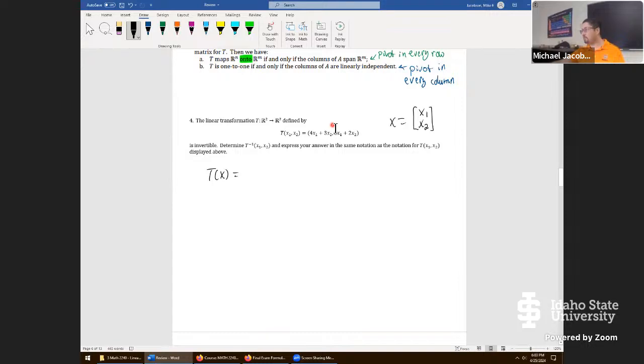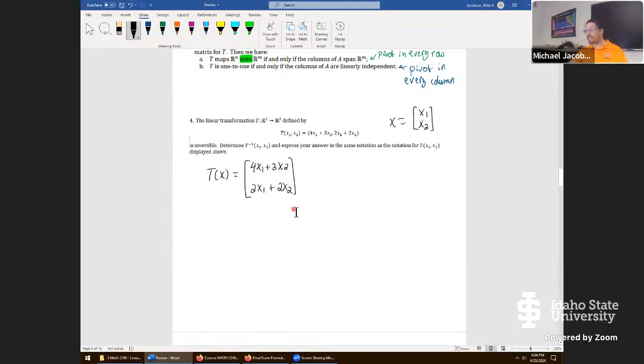And instead of writing out this column, go to where the comma is and write it out this way: 4x1 plus 3x2, then 2x1 plus 2x2. This gives us not the matrix we want just yet, but it gets us started. And we can tell that x comes from R2, so that's the right domain. The image has 2 entries, so that is the right codomain.